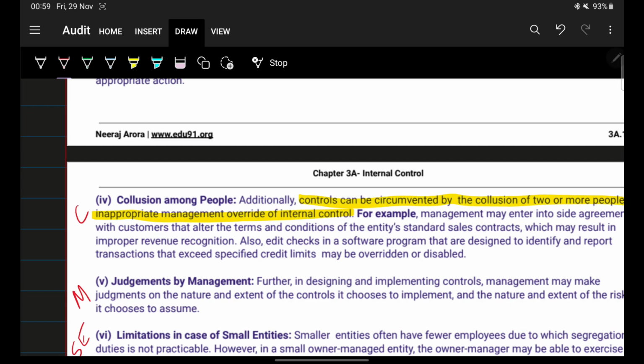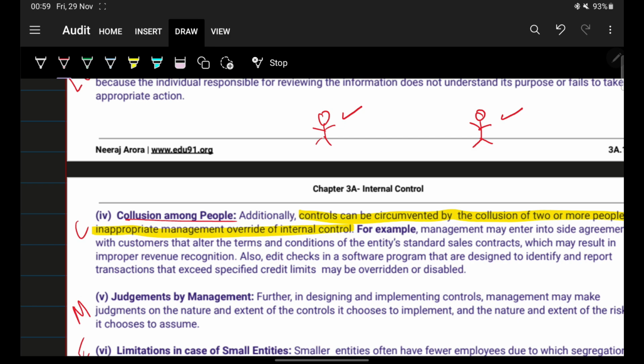Next, collusion among people. Okay, suppose an entry requires two-factor authorization, meaning one person over here has to authorize, and another person here has to authorize. Okay, so since two people have to authorize, right? If these two are working together, then this is called collusion.